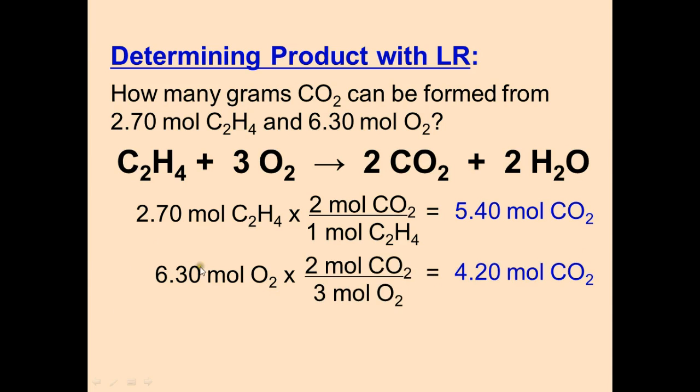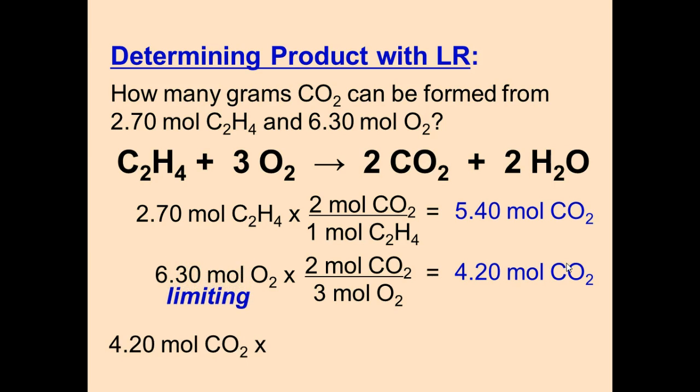So this 6.3 moles of O2 is limiting. So now we can convert from moles of CO2 to grams of CO2 because that's what it's asking. We need to find out how many grams are produced from this much CO2. So we convert this to grams by using the molar mass of CO2. So we calculate the molar mass of CO2 from the periodic table.